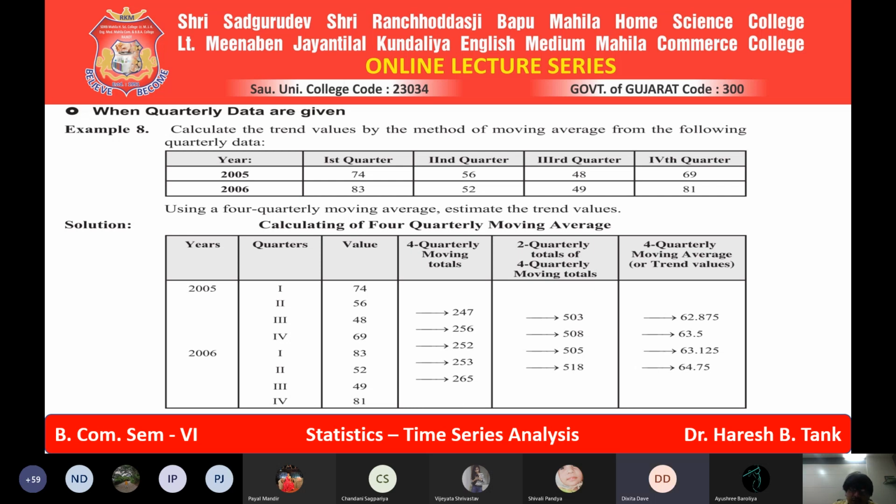Leave the first quarter, and then whatever the four elements are, that means 56 plus 48 plus 69 plus 83. What is the sum? 256.